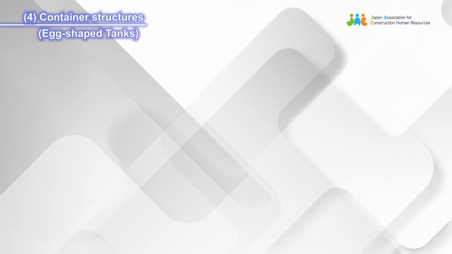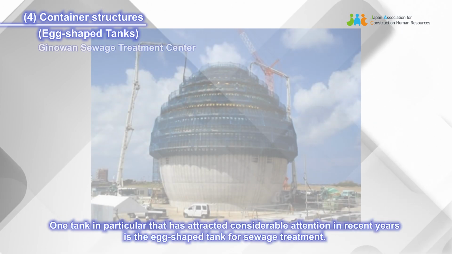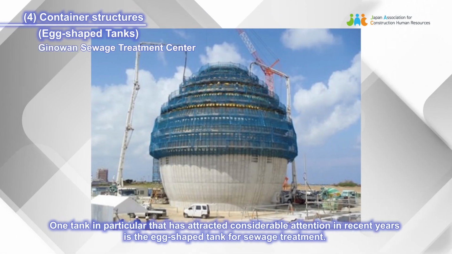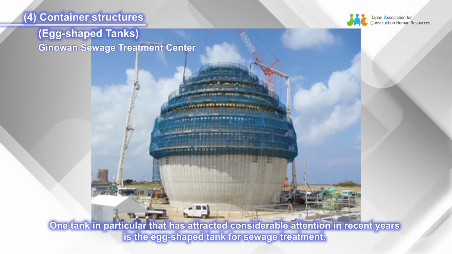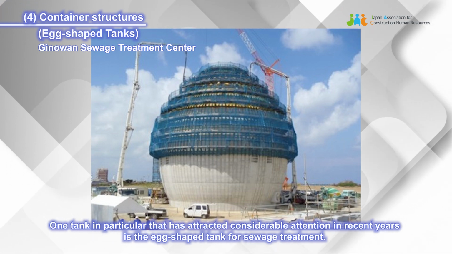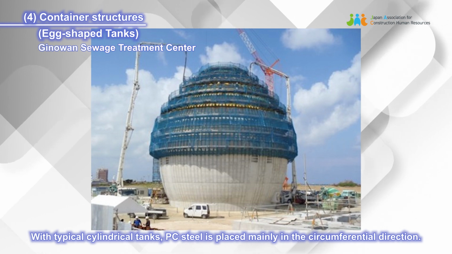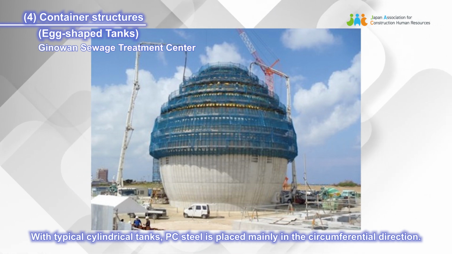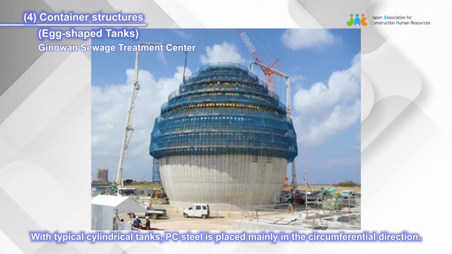Container structures, egg-shaped tanks. One tank in particular that has attracted considerable attention in recent years is the egg-shaped tank for sewage treatment. With typical cylindrical tanks, PC steel is placed mainly in the circumferential direction.